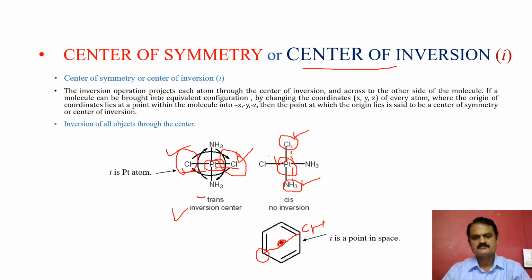The CH atoms lie in opposite directions at equidistance. Therefore, we can say that the inversion center i is present for the benzene molecule. Again, we can draw such lines, and again we get CH in one direction and CH in the other, and we can say there is a presence of an inversion center.